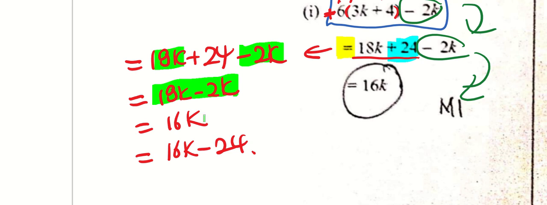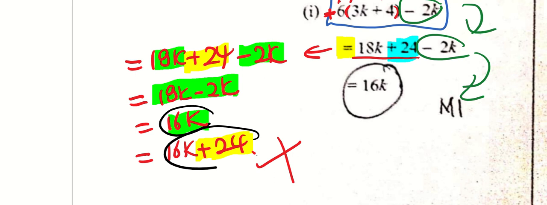And then after dealing with the k, he or she suddenly remembers, oh, I have to remember the 24, so I conveniently just add it in at the end of the working. And you expect the teacher to give you marks, but it's horribly wrong. Why? Because again, the equal sign is abused. 16k simply is not equal to 16k plus 24.